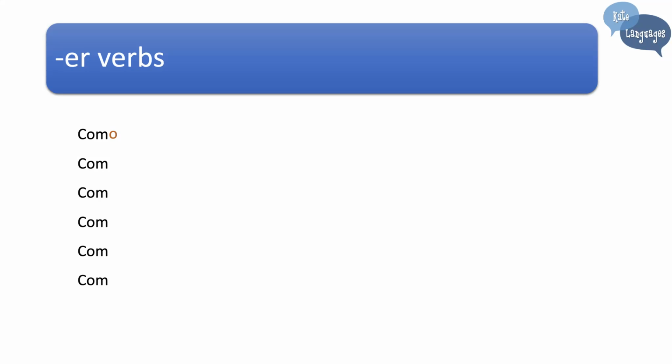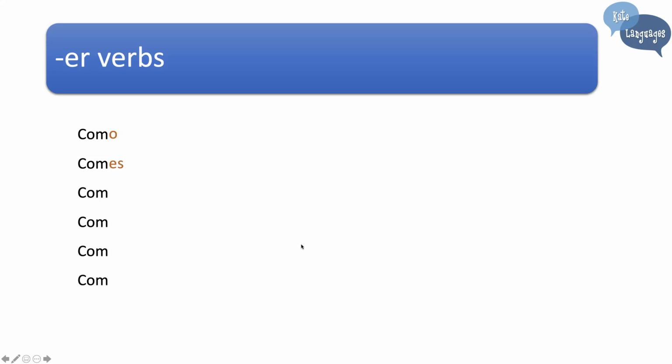As I said, I did a previous lesson on AR verbs and I went into a lot more detail about the subject pronouns, and I'm not going to go through them in as much detail in this lesson. So if you don't know about Spanish subject pronouns, I suggest you watch the AR verbs video. Okay, so yo como. So we take off the ER, we keep our stem, which is com, and then we add an O, so como, yo como.